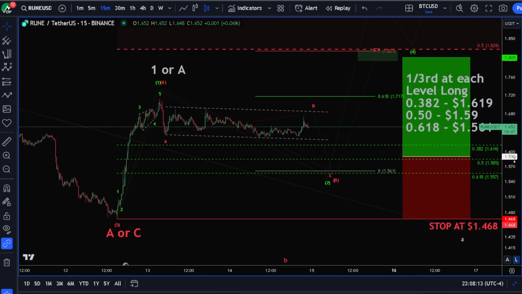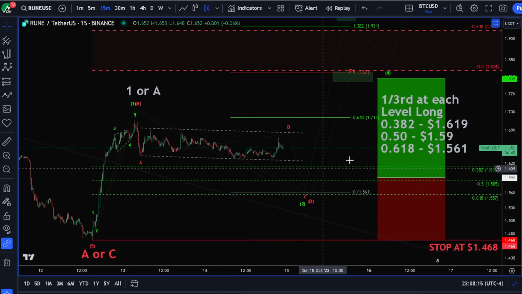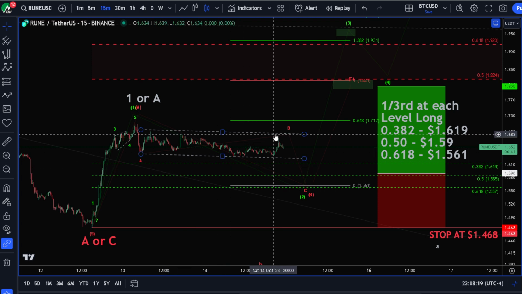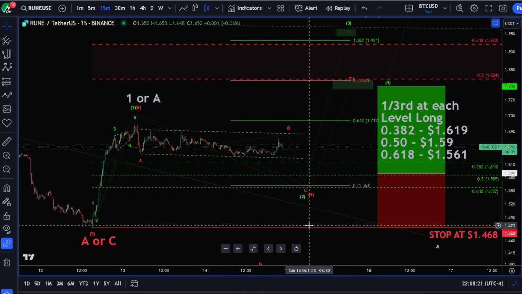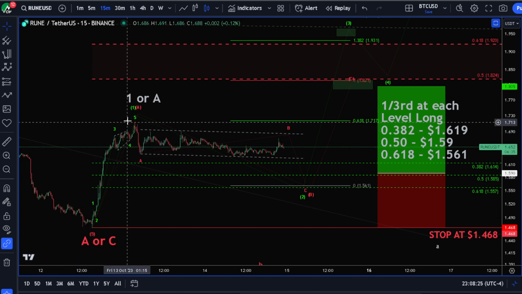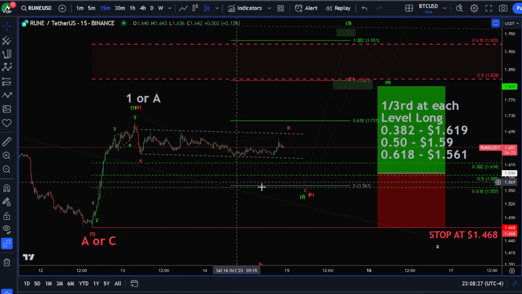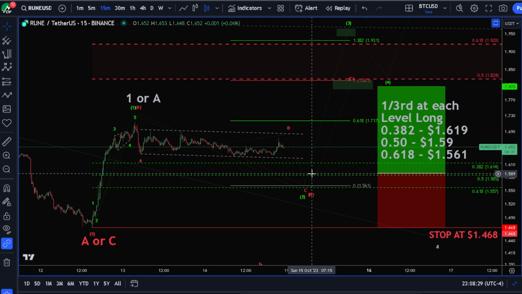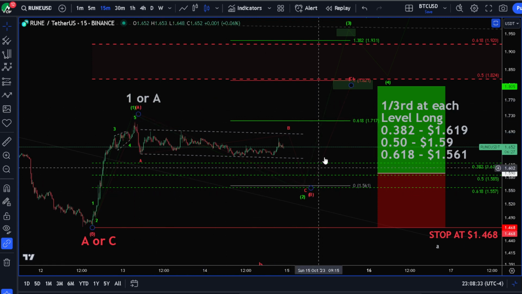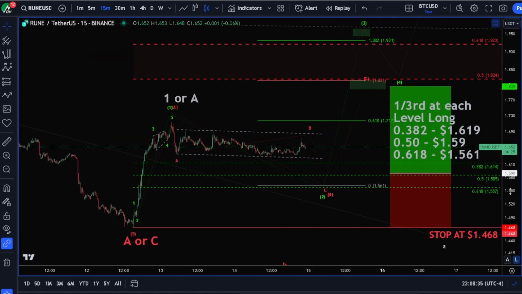Now this is just a guideline more than a rule, that B waves tend to take a really long time in ABCs rather than wave 2s as an ABC. So I'm leaning to the fact that this might more likely be a B wave than a wave 2. But that's just a guideline.